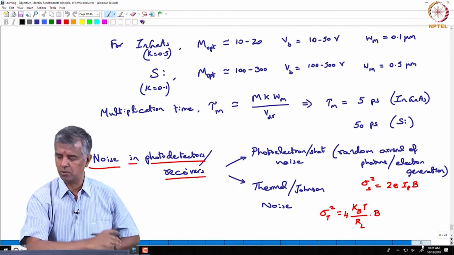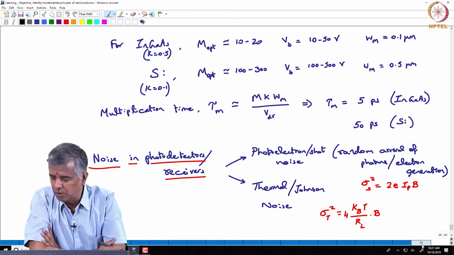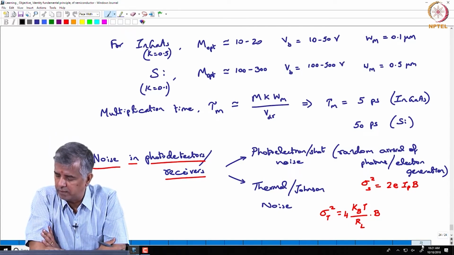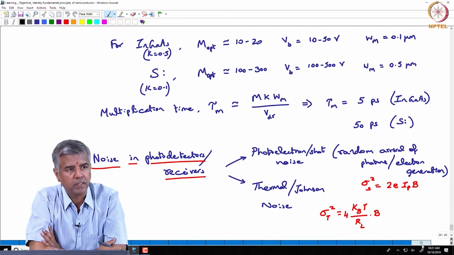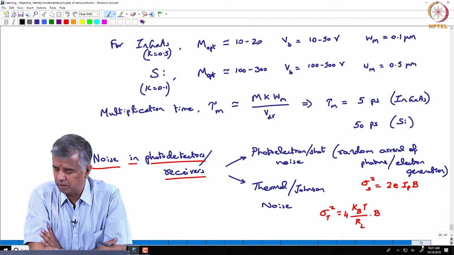Shot noise is due to the random arrival of photons and the subsequent electron hole pair generation, and we quantify that the shot noise variance is proportional to the photocurrent and also the bandwidth of your receiver.